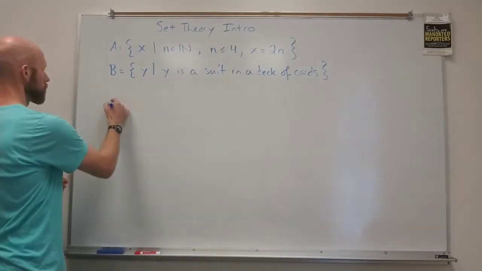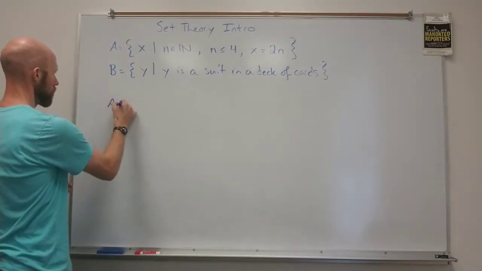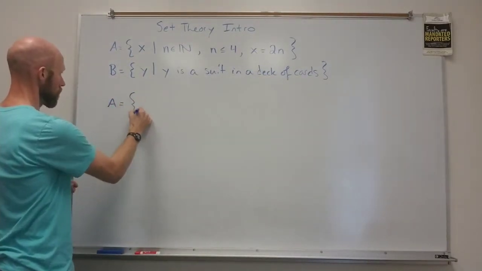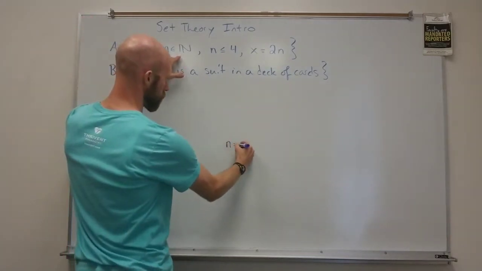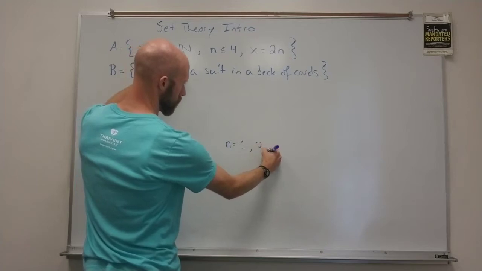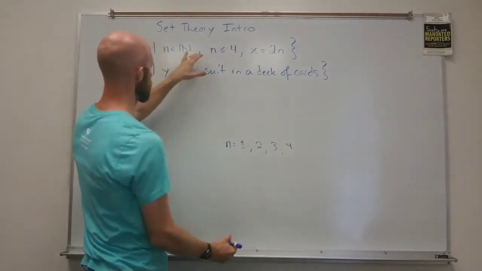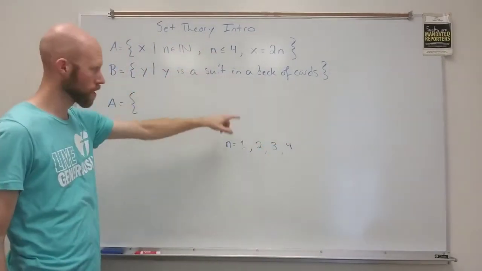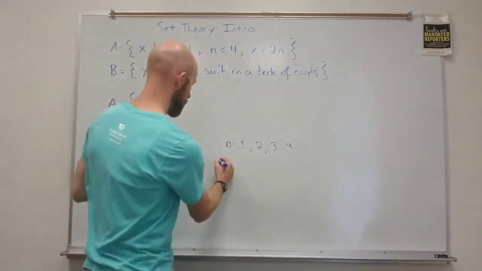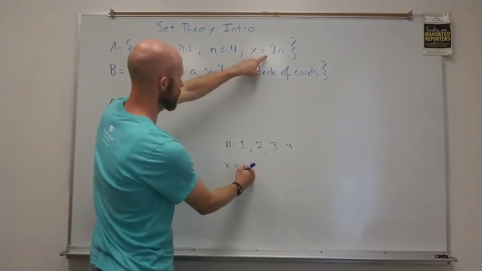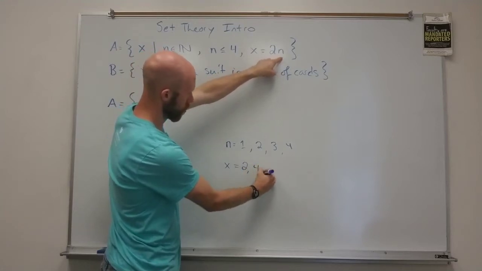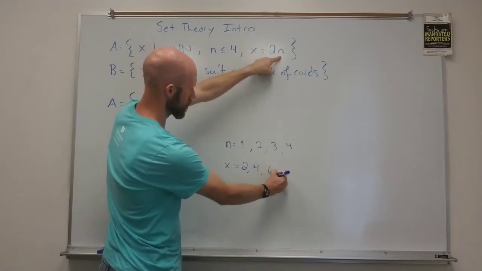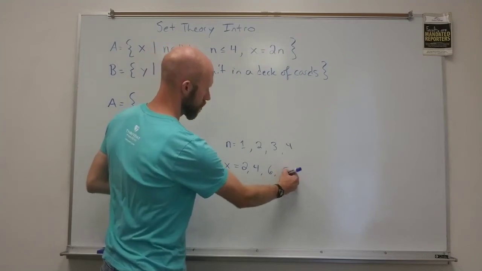So, to figure out the roster notation, I just figure out what the n values are. I have n equal to 1, 2, 3, and 4, right? They're natural numbers less than or equal to 4. And then I double them. So that means the x values are going to be 2 times 1, which is 2, 2 times 2, which is 4, 2 times 3, which is 6, and 2 times 4, which is 8.